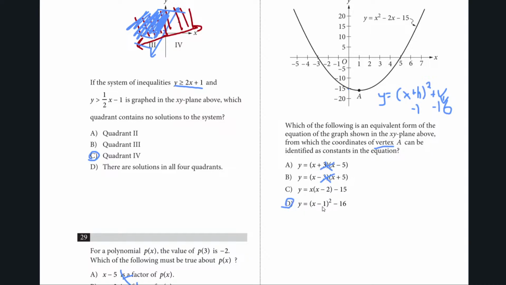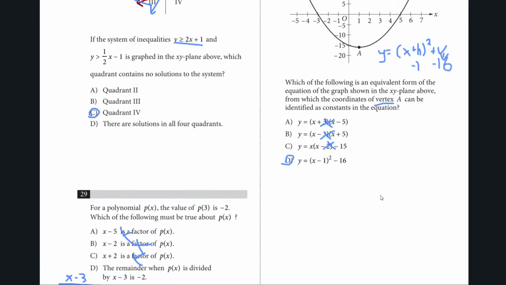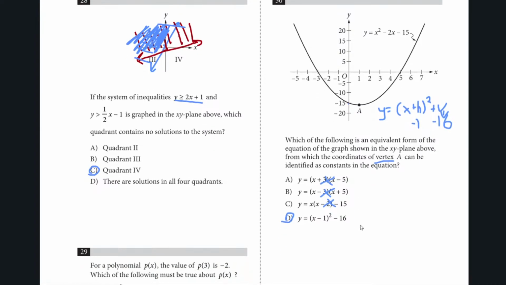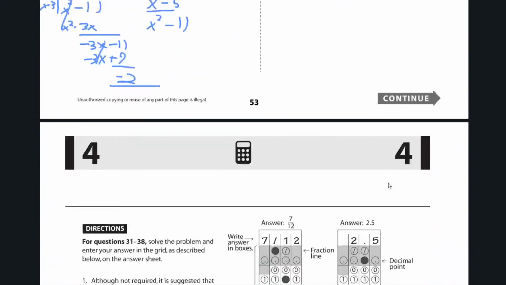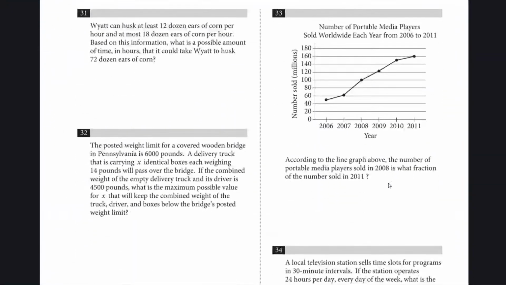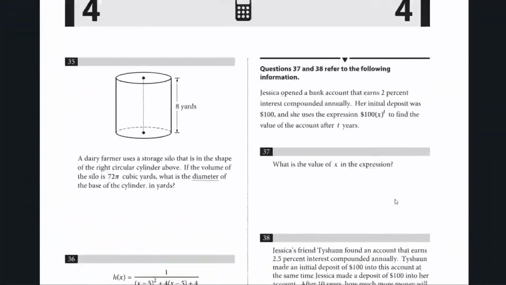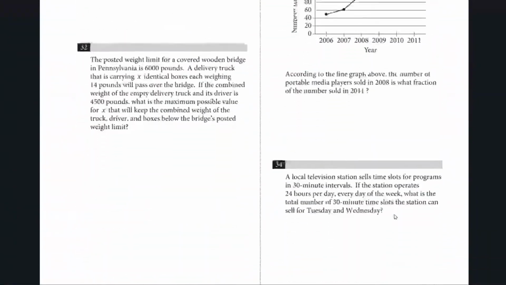And C is wrong just because it doesn't have the square. You could have solved this just by knowing what vertex form is and seeing which one of them was actually in vertex form. But you can also solve it just by looking at the point and seeing what the v and the h are. And we are finally, I think, on the last 2 pages of this math section.